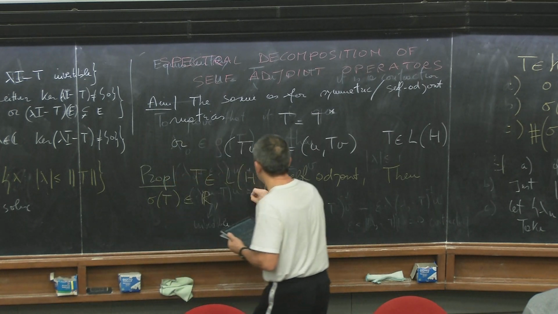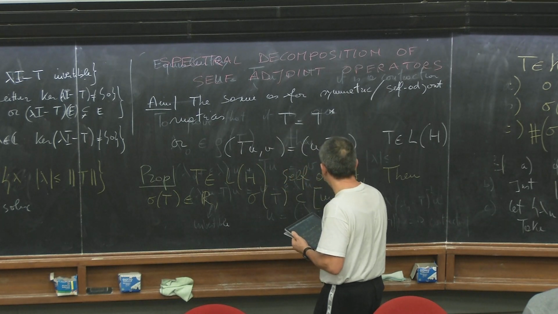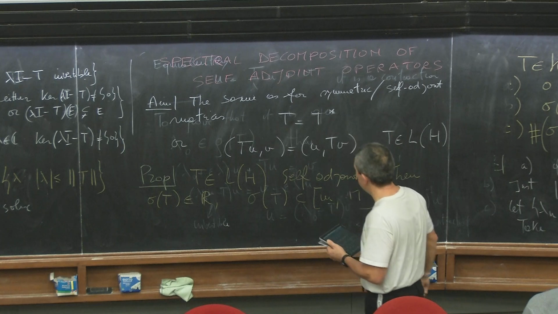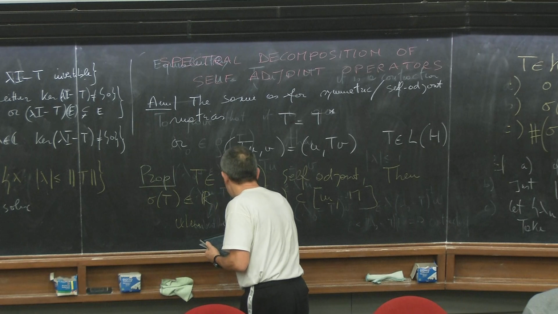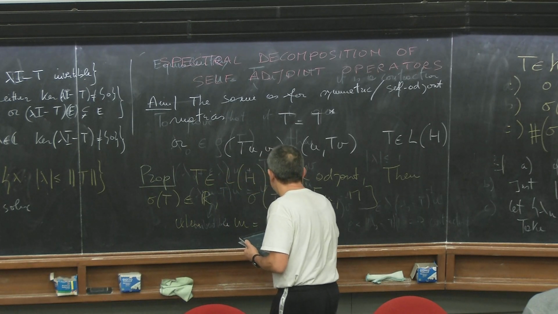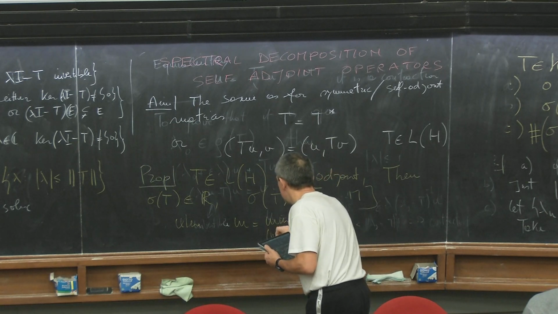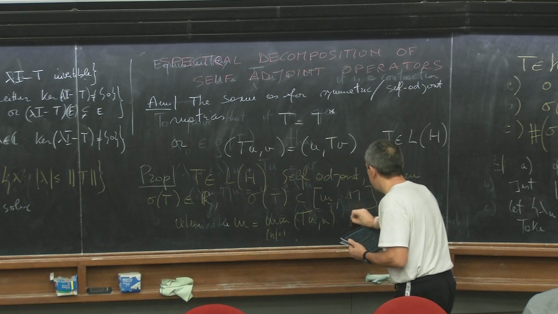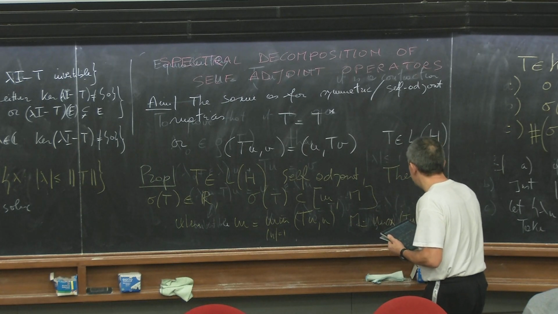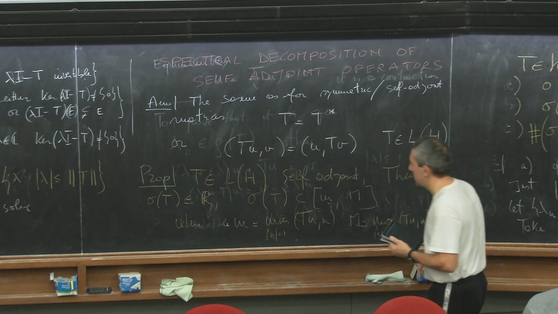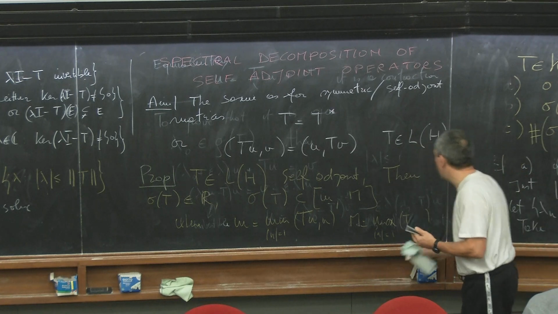And actually you have more: the spectrum is contained in an interval which can be computed by m, the minimum of <T u, u>, and capital M, the maximum of <T u, u>, over unit vectors u. The existence is because of the weak compactness of the ball.